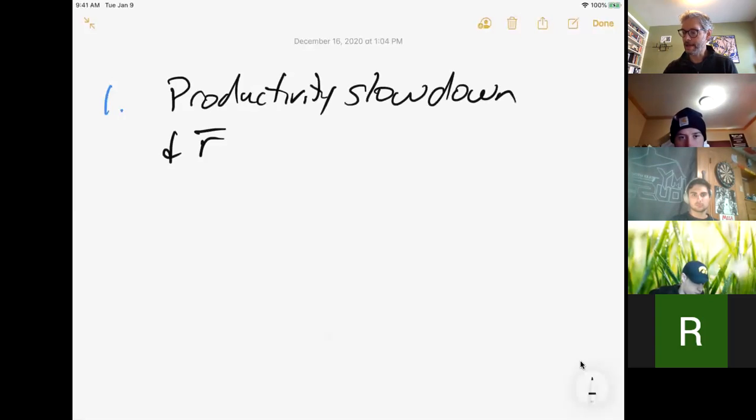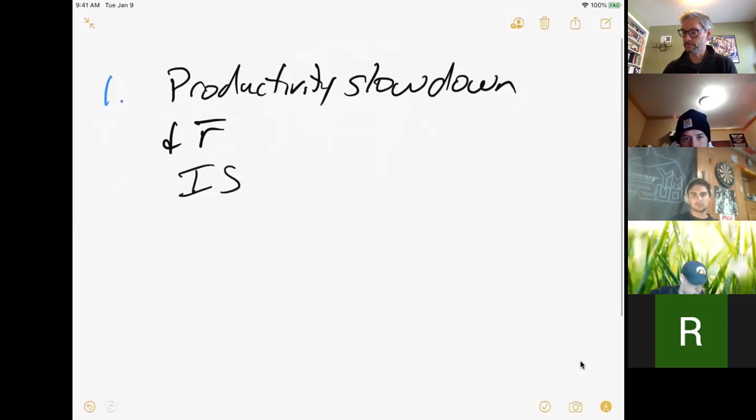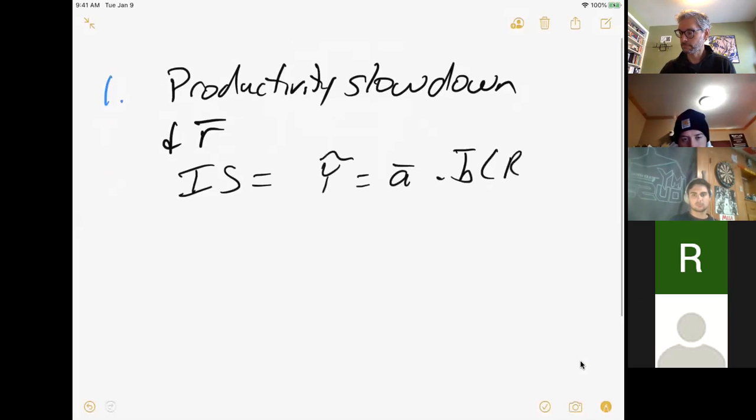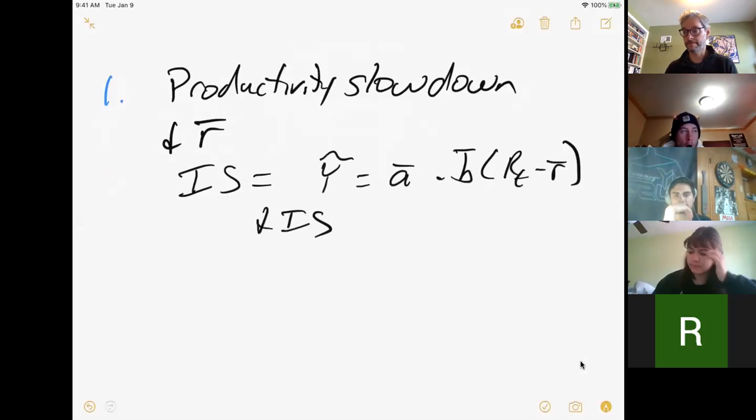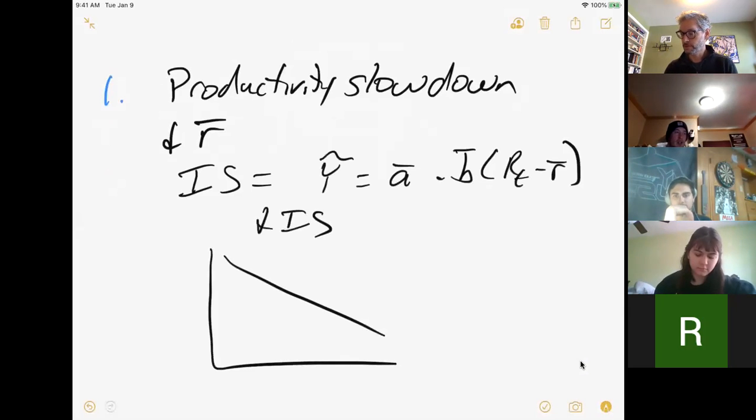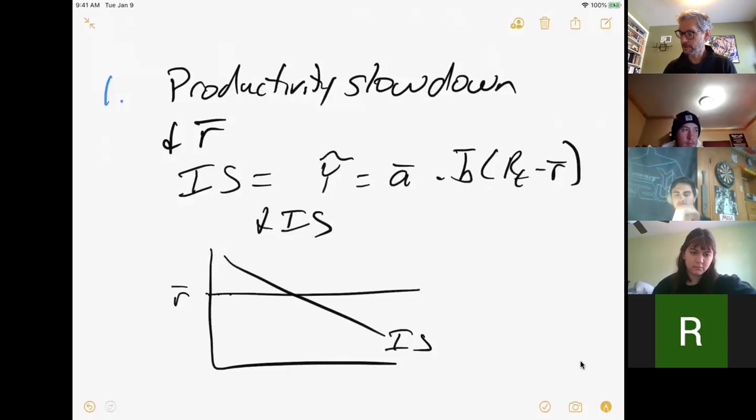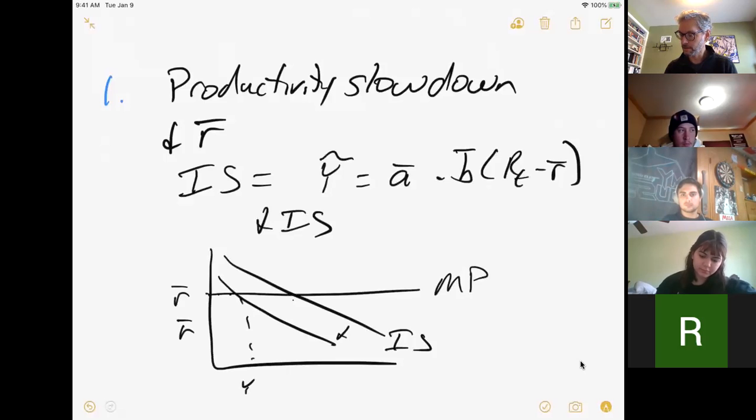And if you remember from our IS curve, what happens if there's a reduction in R bar? This leads to a reduction in the IS curve. So it seems to me the most obvious answer here is that the fall in the IS curve also reduces R bar. And so that's what should happen.